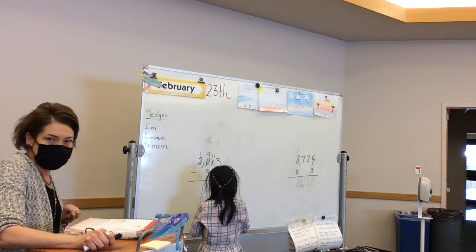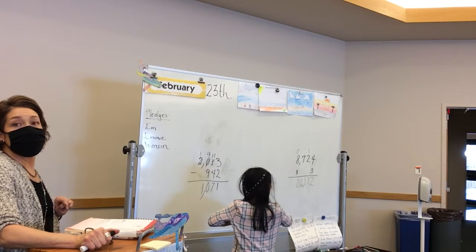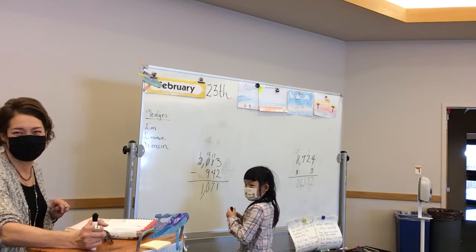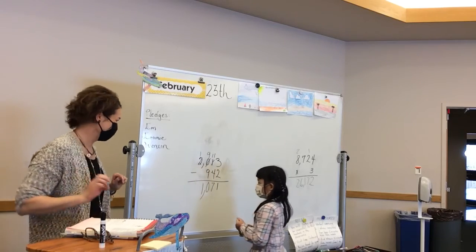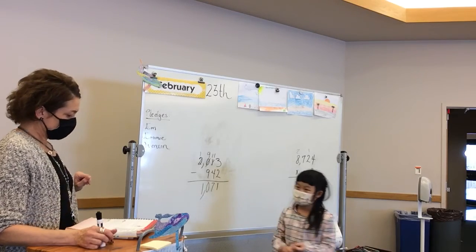That's not how you wrote it. Say it again. 26,172. Oh, there you go. Good job. And how do you say that, Winchine? 1,071. Very good.